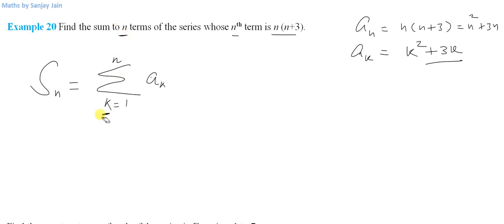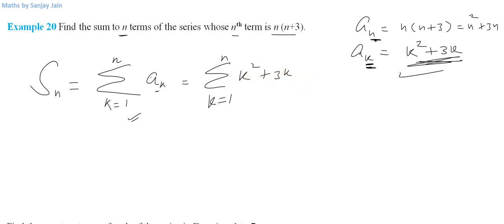That is why it is always advisable that you take the kth term or rth term here and then take k or r as your summation variable, which is very simple also, because once you know the nth term, you just have to replace n by k here, and now this looks very good. This is a mathematically correct statement, okay? So now I will write it like this: sum from k equal to 1 to n of k squared plus 3k.